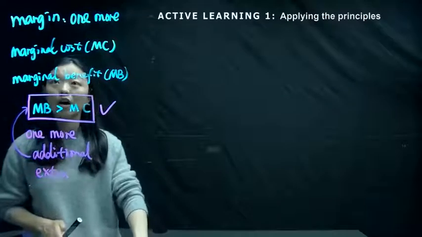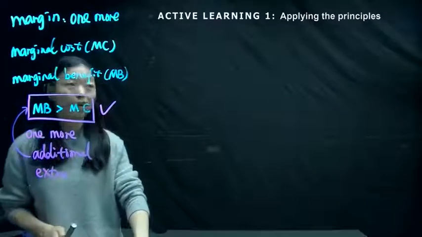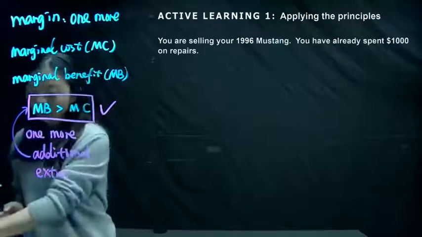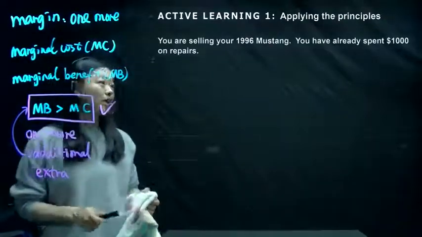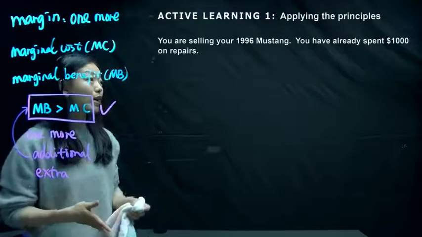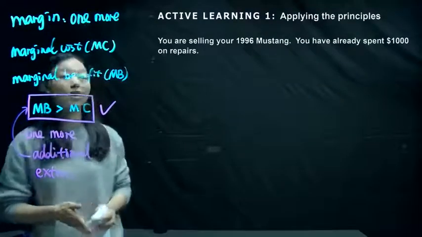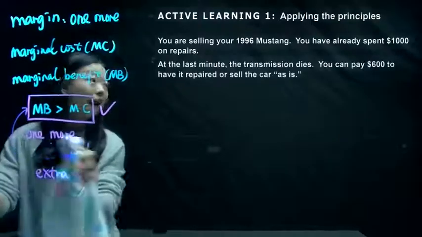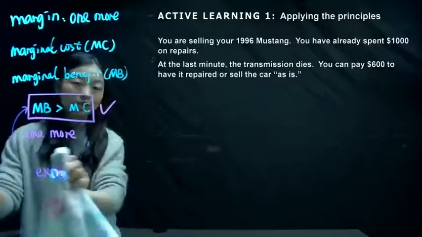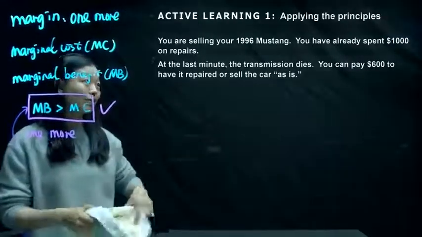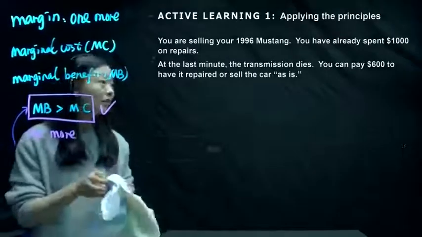So let's look at how we can apply this marginal thinking in one practice question. This question says, okay, you are selling a car and you have already spent $1,000 on repairs. At the last minute, unfortunately, the transmission of the car dies, okay?